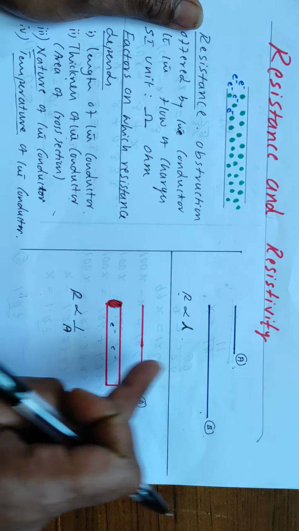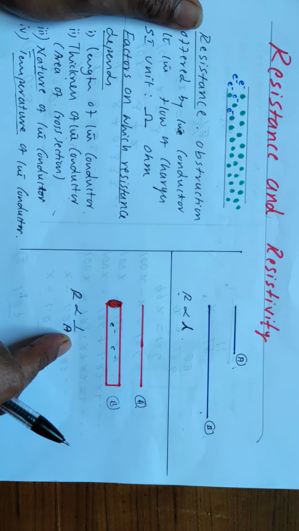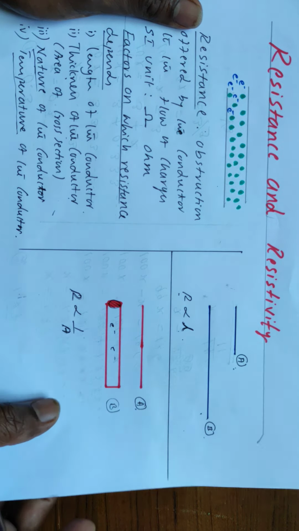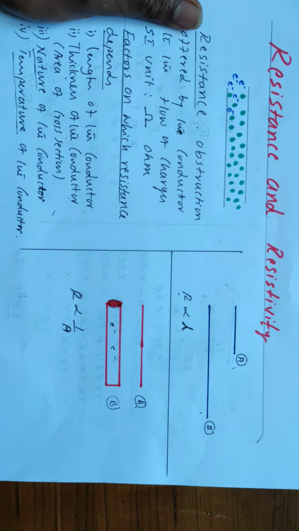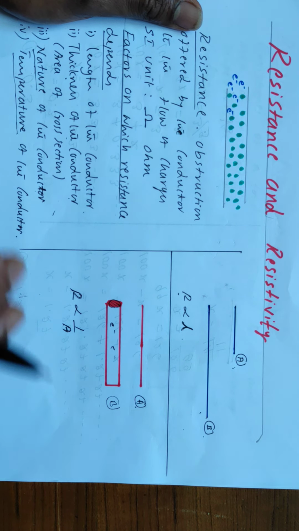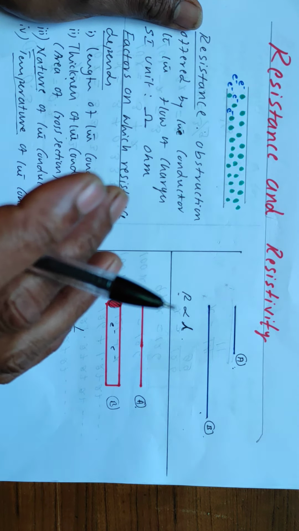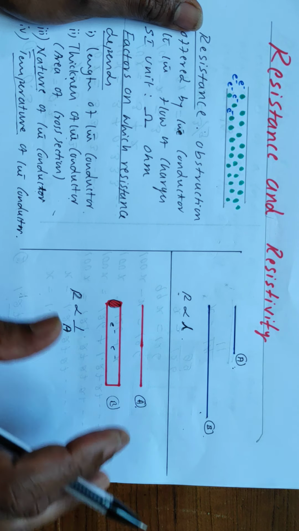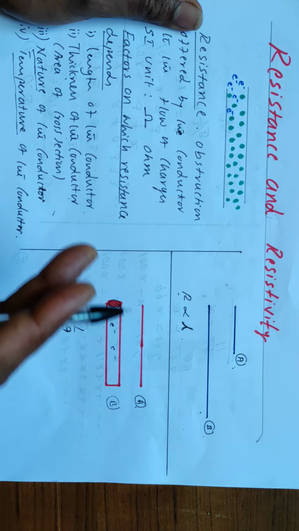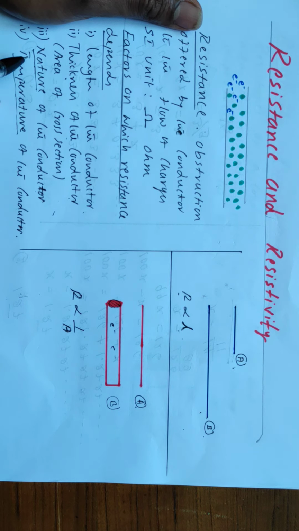So once again, resistance also depends on nature of the conductor because the arrangement of atoms in each material differs from one another, and therefore the degree of obstruction also varies.